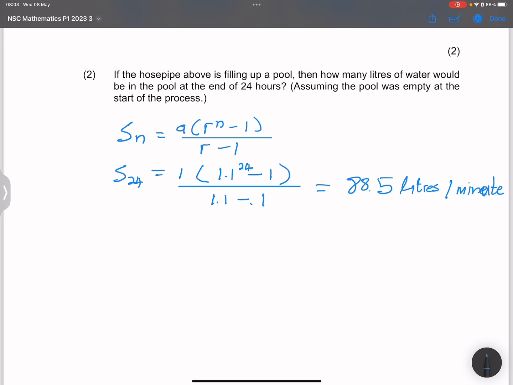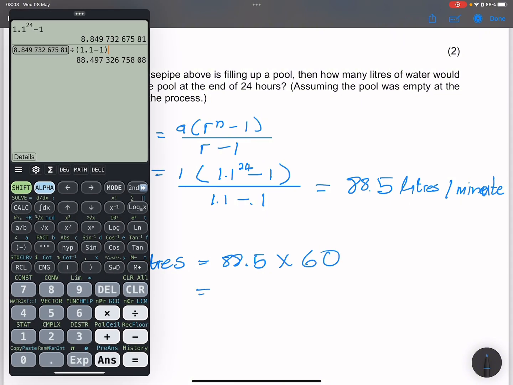That's 60. So to find the number of liters poured into the pool, I'd take that 88.5 and multiply it by 60, since we are doing this within the hours.